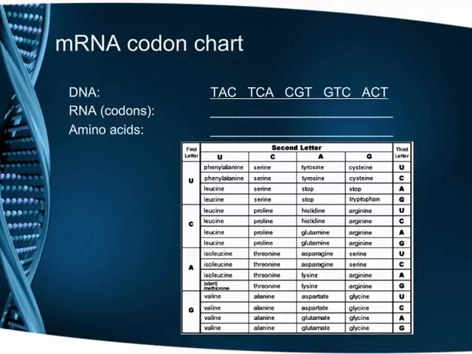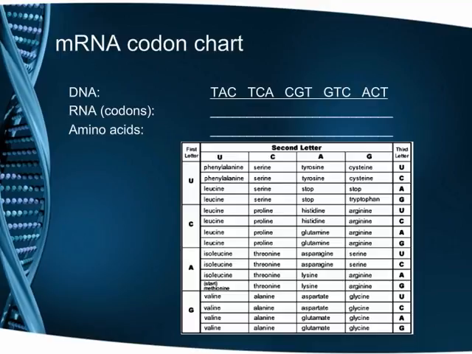So your first RNA codon will be A, U, G. T matches with A, A now matches with U, C matches with G. The second one, see if you can do it, should be A, G, U. The third, G, C, A. The fourth, C, A, G. And the last, U, G, A.